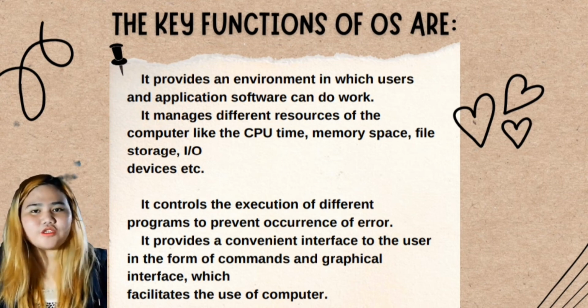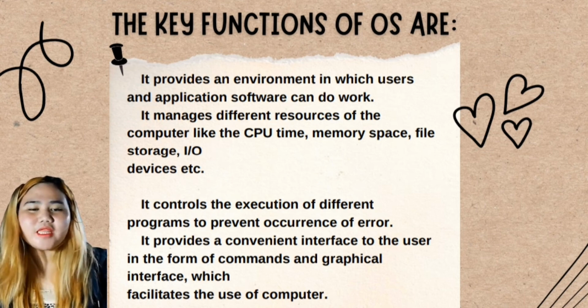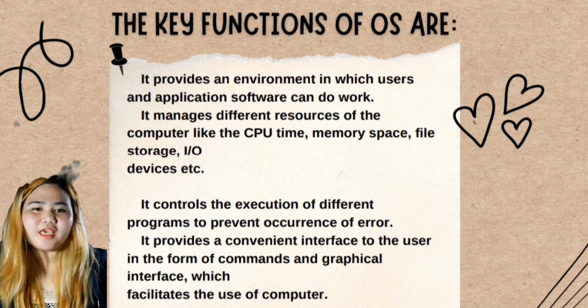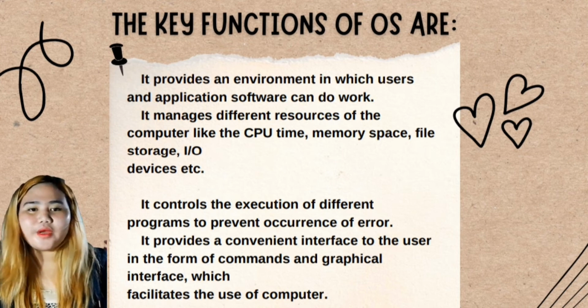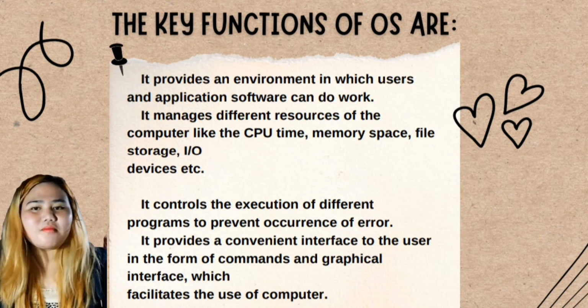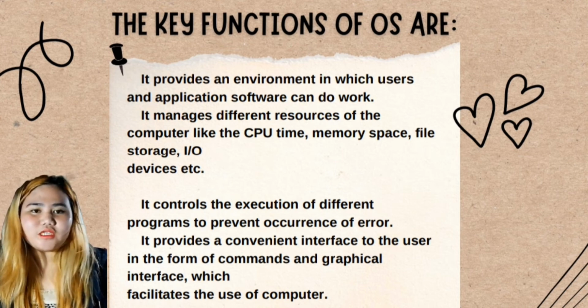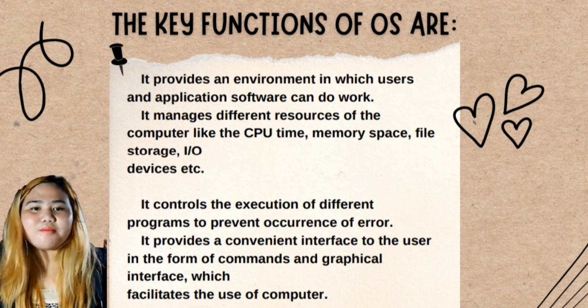The key functions of the operating system are: Number 1, it provides an environment in which users and application software can do work. Number 2, it manages different resources of the computer like CPU time, memory space, file storage, I/O devices, and so on.